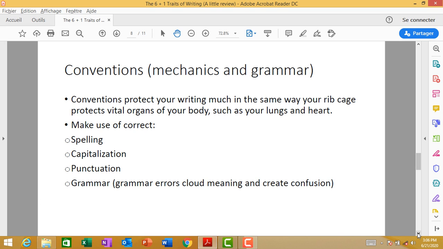VIP cows. V for voice, I for ideas, P for presentation. In cows, you have C for conventions, O for organization, W for word choice, and S for sentence fluency.